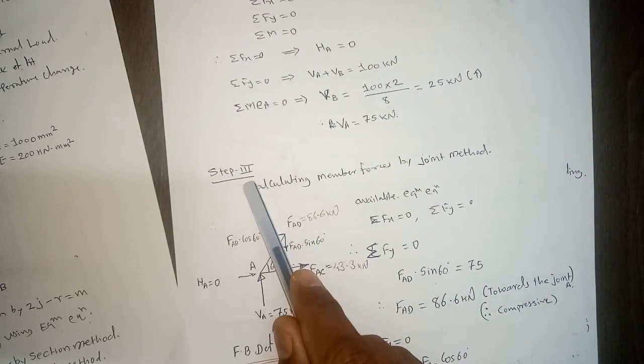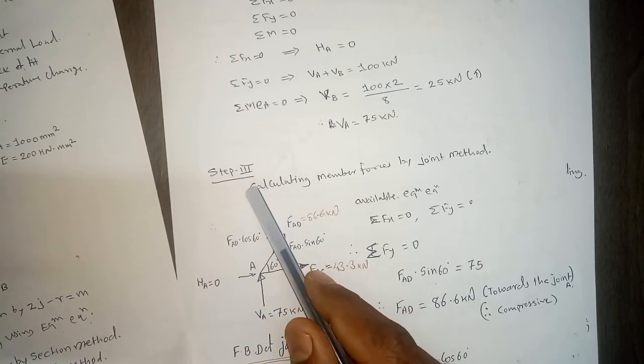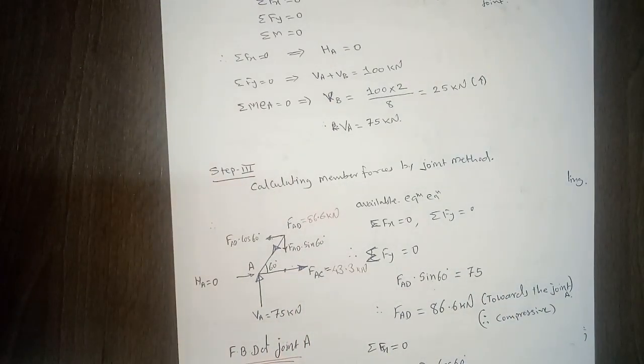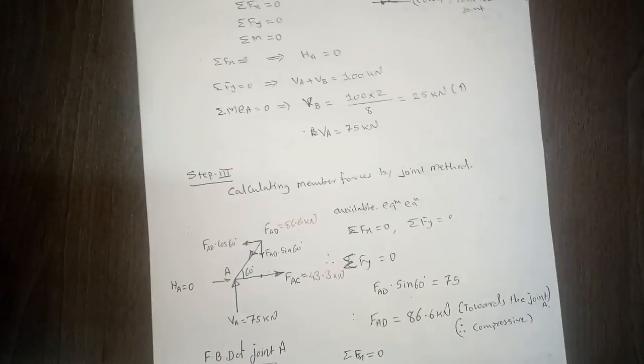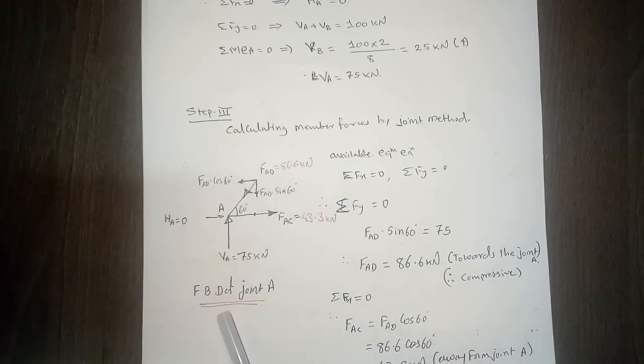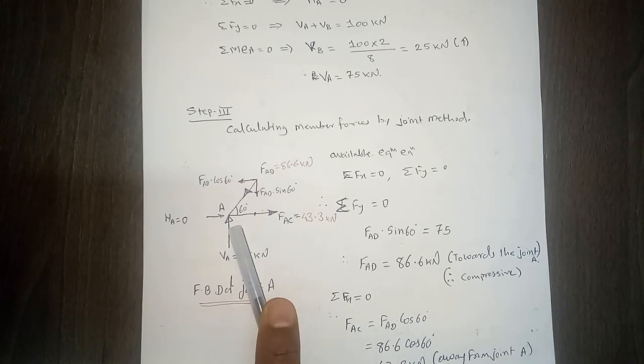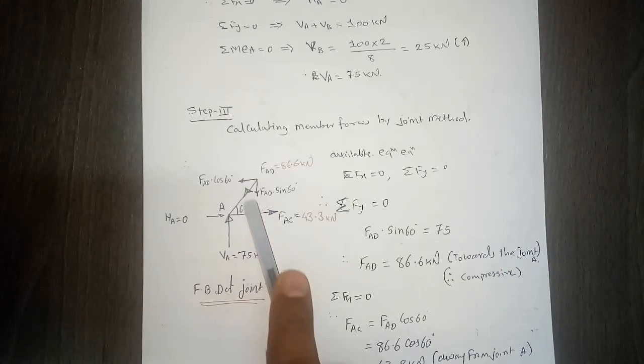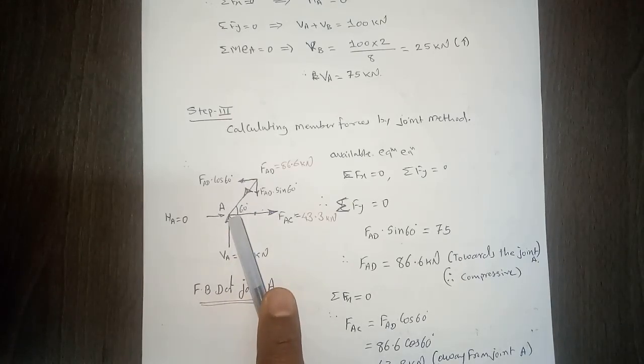Now step 3. This is a lengthy step, since we will be solving each joint, right? So first we should be able to draw the free body diagram of a joint. We should start from the first joint. Whenever you select a joint, you should remember one thing: there should not be more than 2 unknowns at that joint. Why?